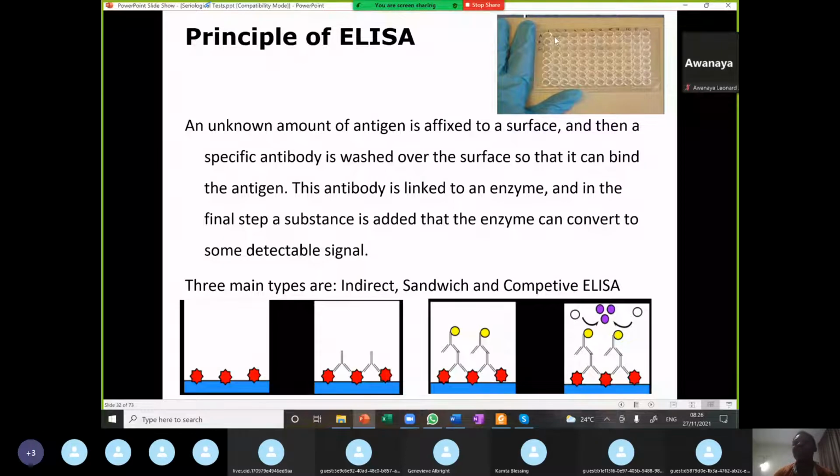Each well will be a sample on its own, meaning that we can test 96 different patients at a time, but it will not be 96 because we always have what we call positive and negative controls. So we can test up to 90 samples at a time. Meanwhile, in other tests, immunofluorescence is mostly one sample at a time. So ELISA has the high throughput capacity.